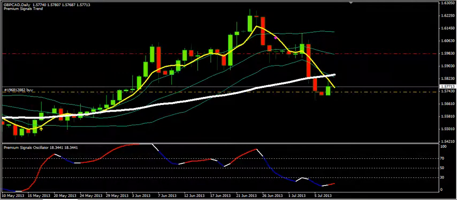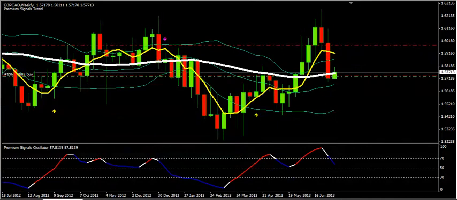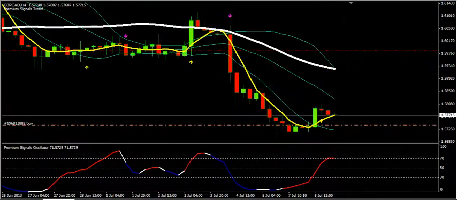We have it crossing past through the 47 moving average, and if you look over here, you can see that there's some support. If we go to the weekly, we'll see a lot of support coming all the way across here, looking through here.